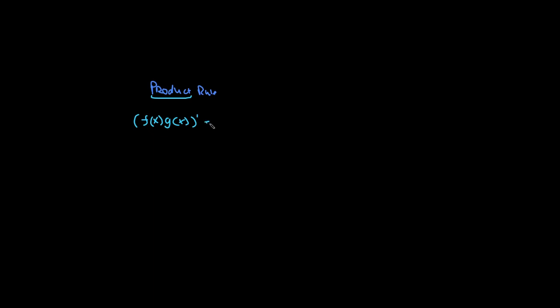Well, I won't explain the entire derivation here because it's kind of boring and not very interesting. But you just take the first function and leave it normal, and for the second function take the derivative, with an apostrophe there. Then you add the derivative of the first function, multiplied by the second function normal.